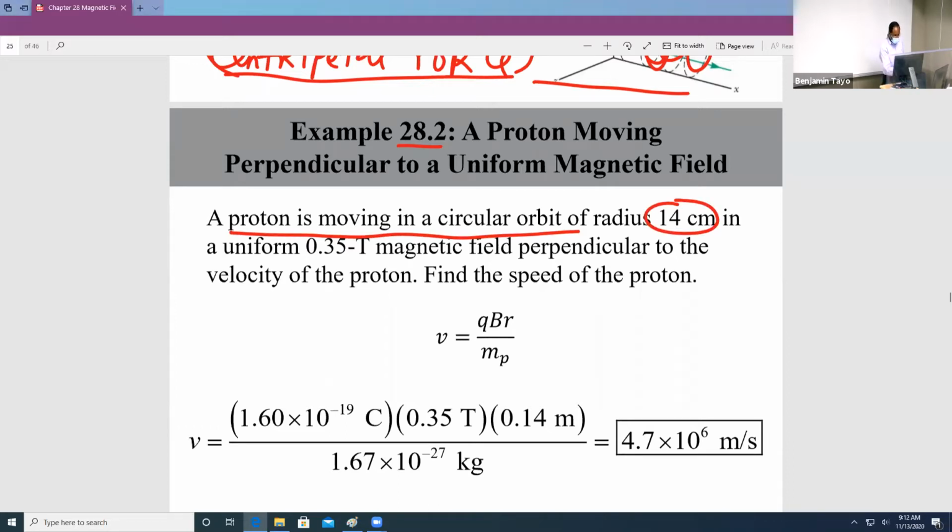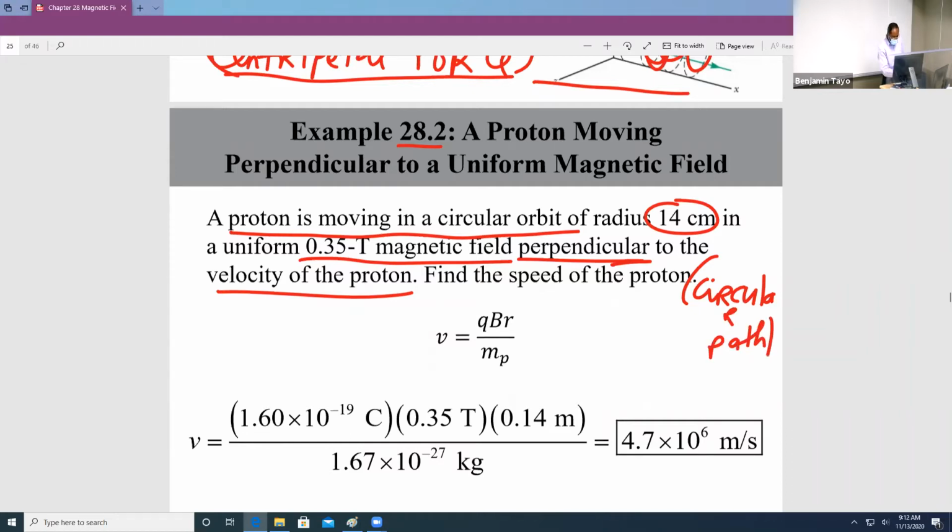Then it tells me what the strength of the magnetic field is. And in this example, we know that the magnetic field makes 90 degrees with the velocity of the proton. So once this makes 90 degrees, we know that this is going to be in a circular path.